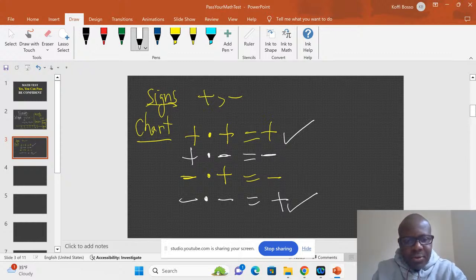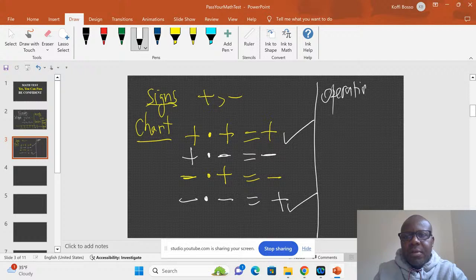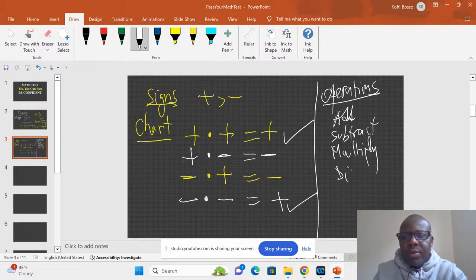Also understand operations. In math, we have different operations. It can be addition, subtraction, multiplication, division, and so on.